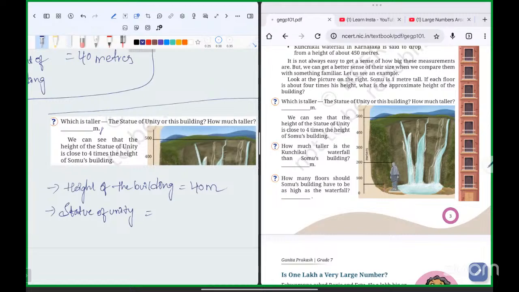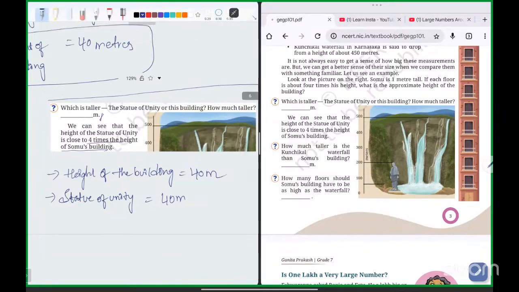The height of Somu's building is 40 meters, and the question says that the Statue of Unity is close to four times the height of Somu's building. So we need to multiply Somu's building height by 4, because it is about 4 times. 40 meters into 4 is equal to 160 meters.